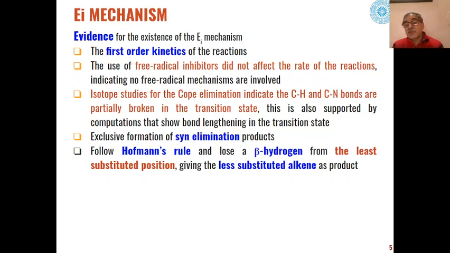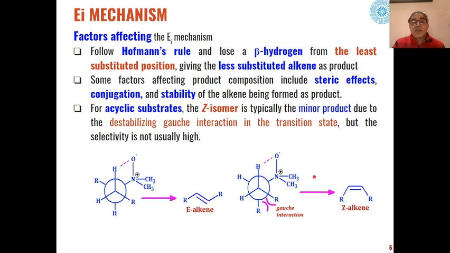This is because of steric hindrance also. The factors which affect the Ei mechanism are that they follow Hofmann's rule, as I have told you, losing a beta hydrogen from the least substituted position to give the least substituted alkene as the product.